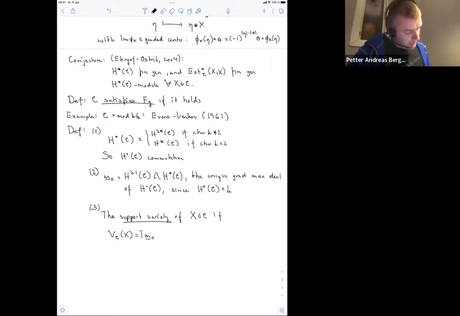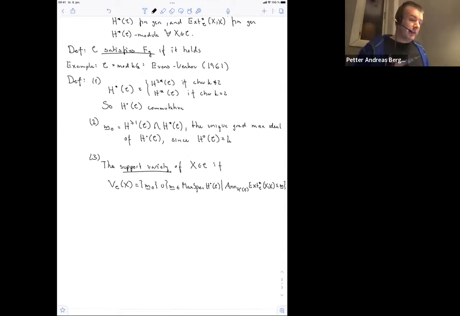Well, let's keep M0 there always, and then take all the maximal ideals that contain the annihilator ideal of the Ext algebra of X. So that's the support variety.